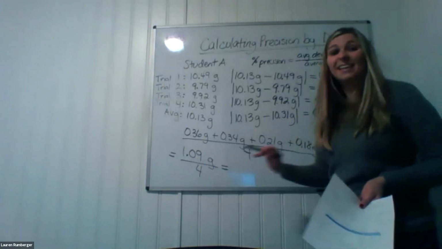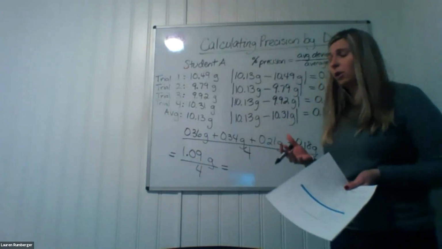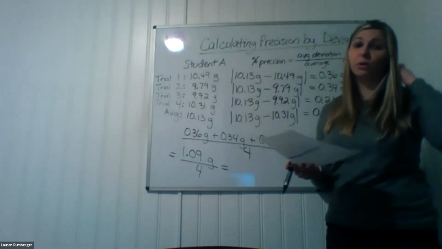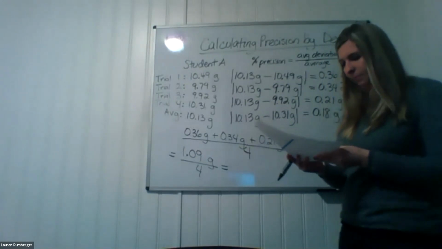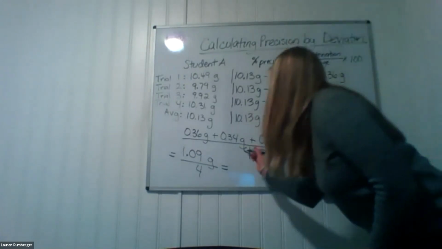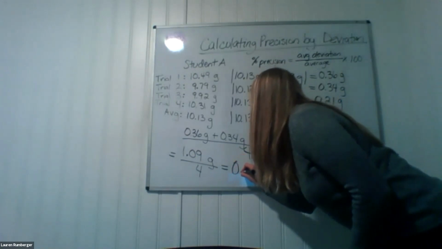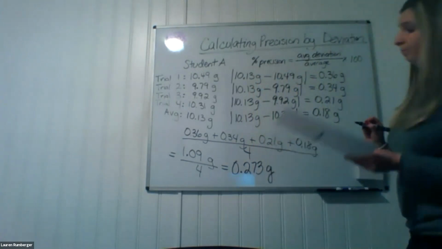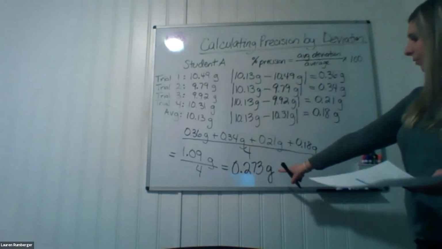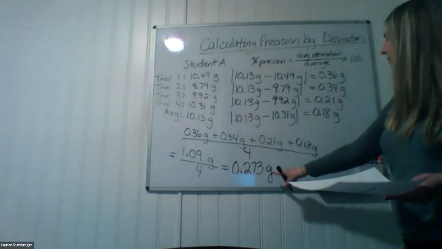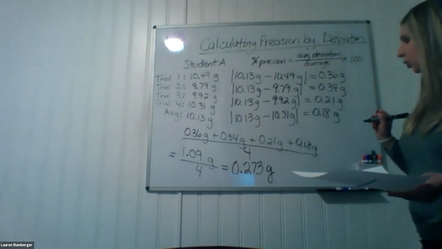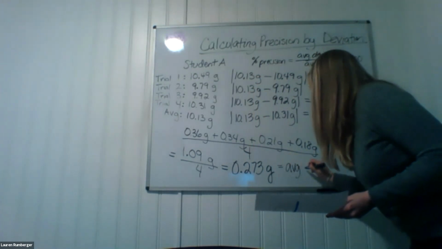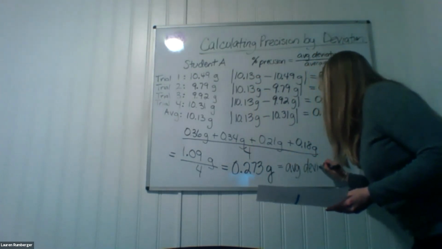And this 4 is an exact number because it was determined by counting. You will see this as you progress further into the significant figure rules. 0.273 grams. So what is this value that I just determined? This is the average deviation.